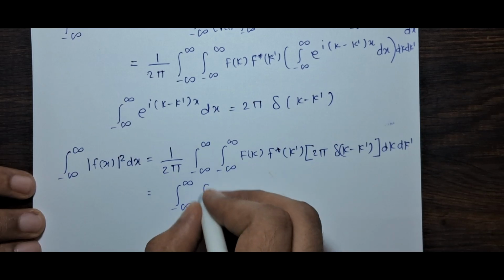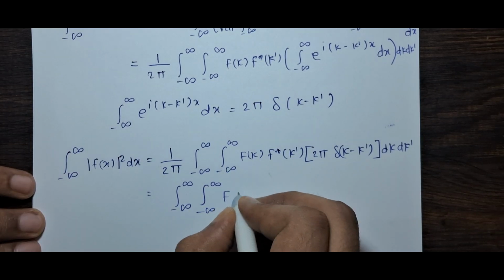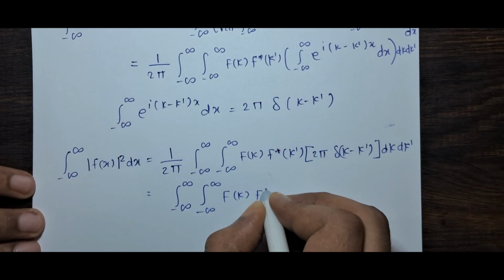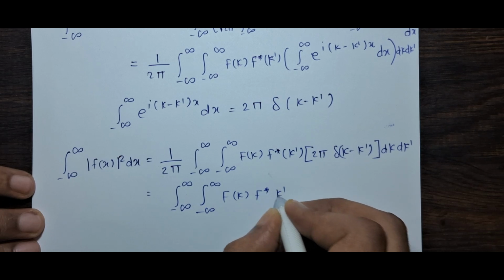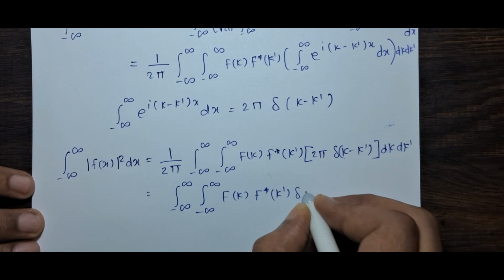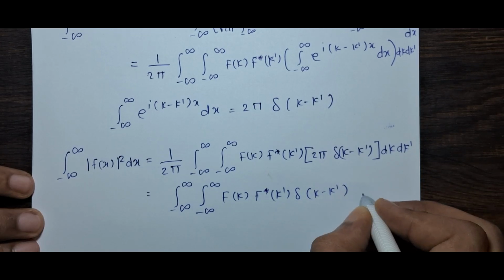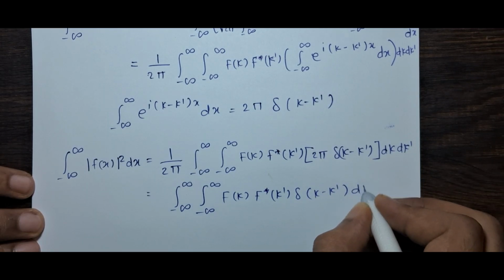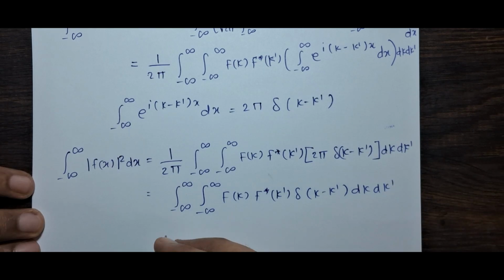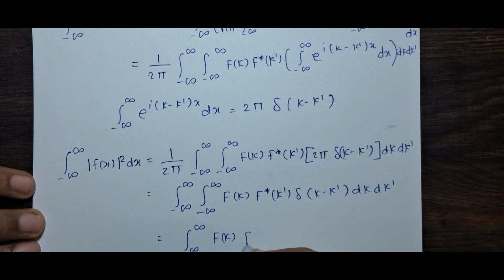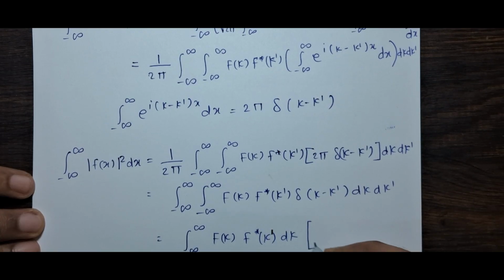As we can take this constant out, this gets cancelled with this. So what are we left with? We are left with f of k f star k dash delta k minus k dash dk dash, which further becomes minus infinity to infinity f of k f star of k dk. We can use this property. I'll mention it.